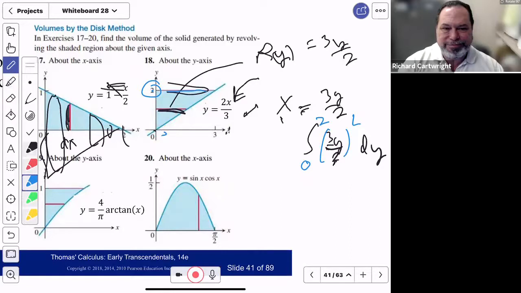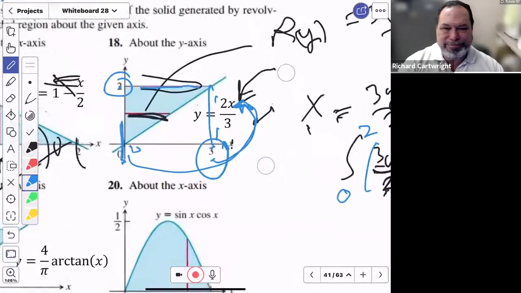You literally would have to put in the 0, the x is 0, and plug it into here. Wait, that's not going to do it. I'm sorry, that x is 0. Is that going to do it?